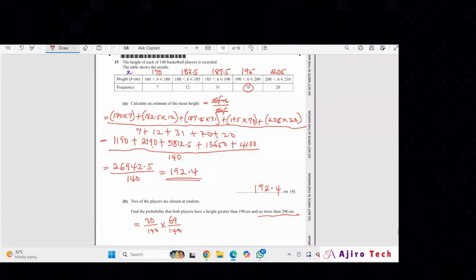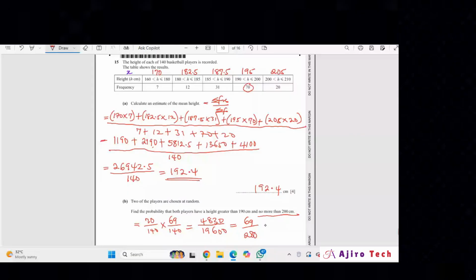So from this place, you can use your calculator. 70 times 69 will give us 4830, divided by 140 times 140, that will give us 19600. So we have 4830 divided by 19600. If you simplify this, it will give you 69 over 280.